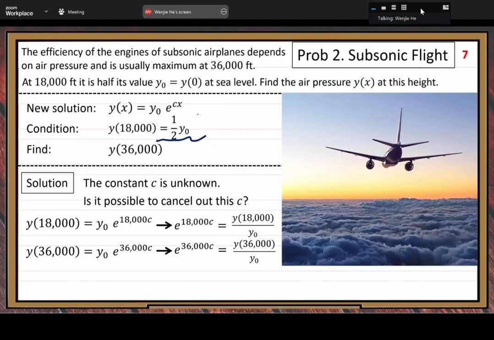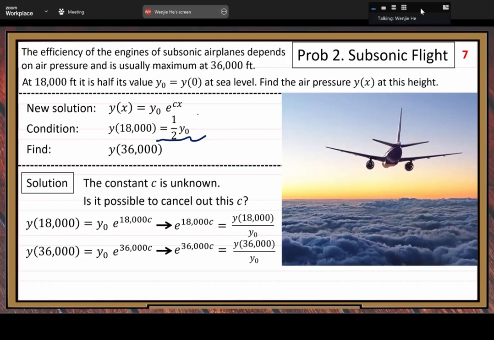Yes, 36,000 is twice 18,000, right? But the twice relationship appears in the exponent. Then can we say the bottom expression is the square of the top expression? Twice at the exponent, so that's the square thing.